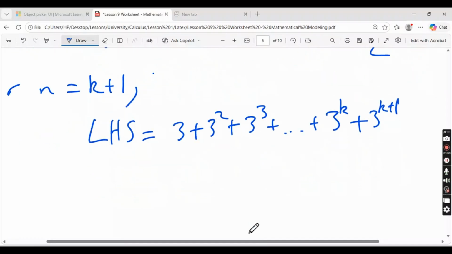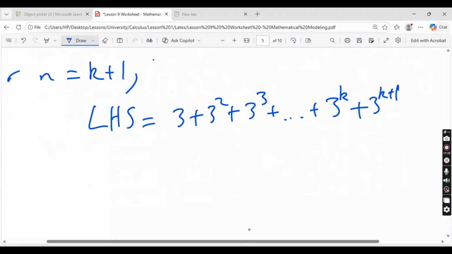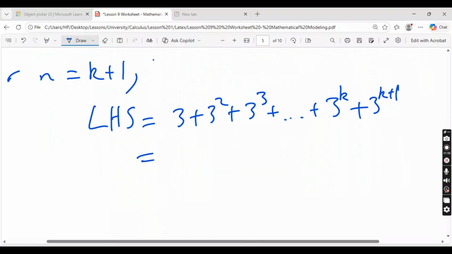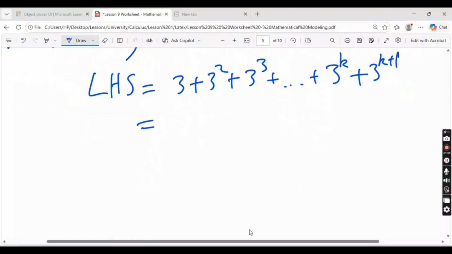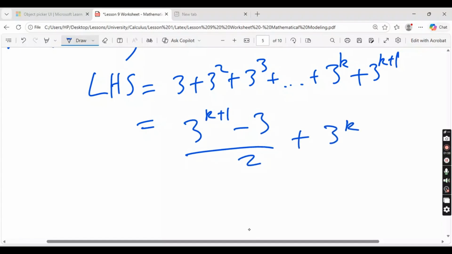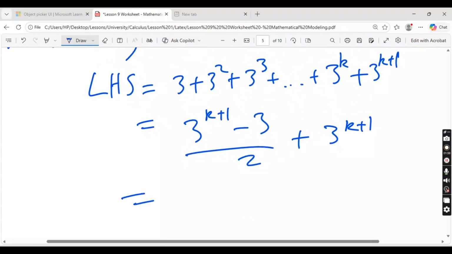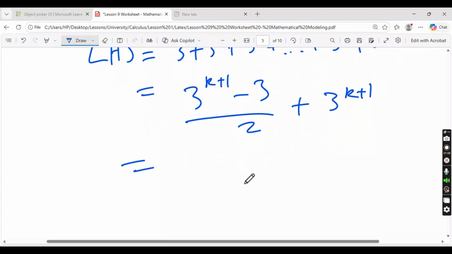And then we say this equals 3 to the power of k plus 1 minus 3 over 2 plus 3 to the power of k plus 1.